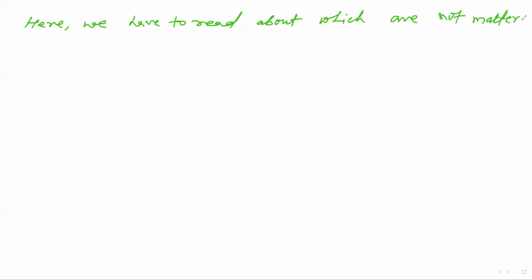This is very important. How can you say these things are not matter? First one, types of energy. Types of energy are not matter.